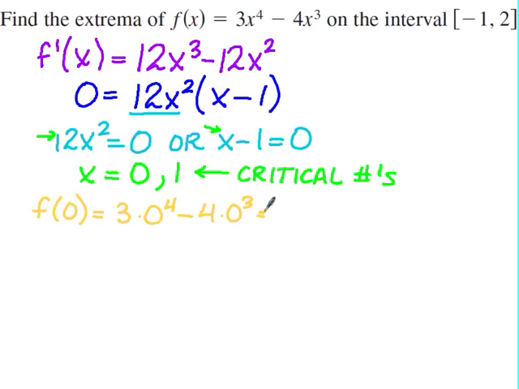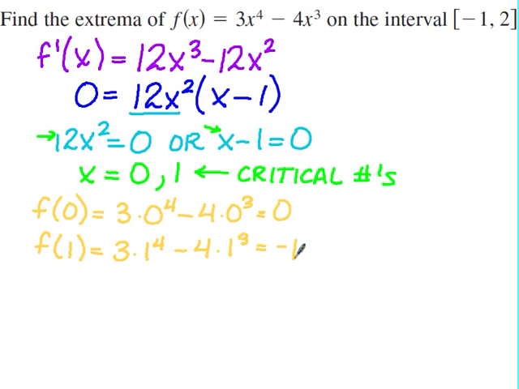No. The reason I did that is so you understand I'm putting it into the original equation and not the derivative. So what's the value going to be? 0. Now you can do the same thing with 1. So I'm going to take 3 times 1 to the 4th minus 4 times 1 cubed. And what will that be? Negative 1. So now I've evaluated f at each critical number.